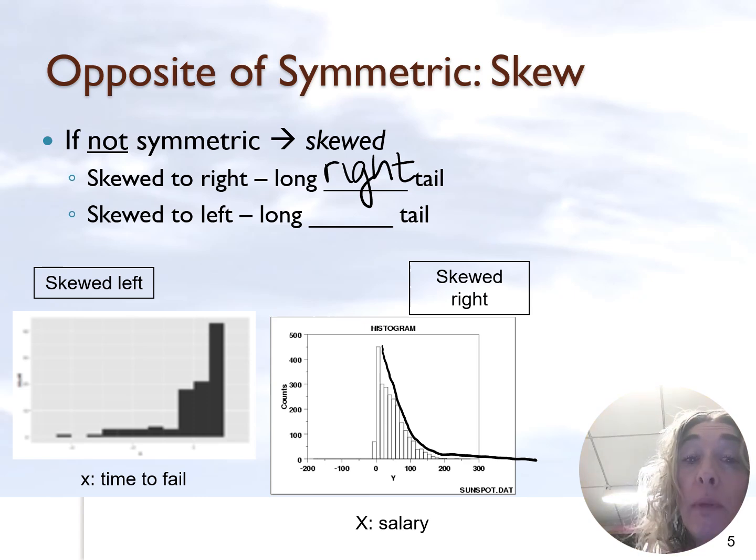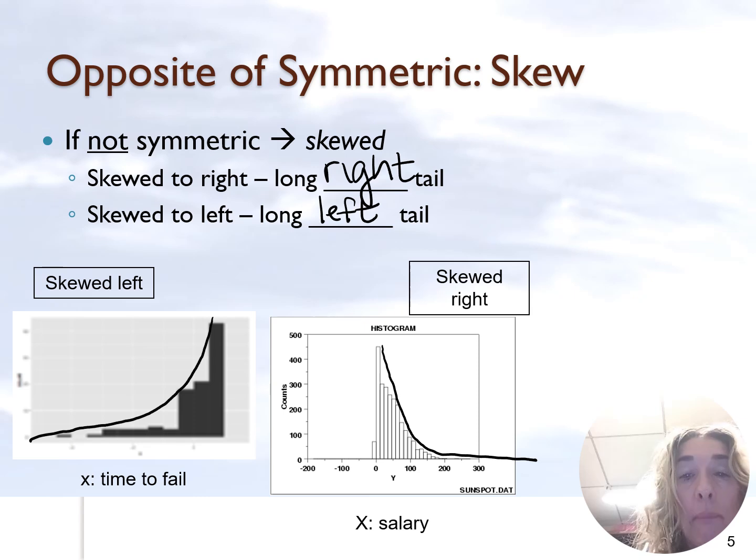Or a distribution can be skewed to the left, such that it has a long left tail, such as shown here. What would be examples of data that might be skewed left or skewed right?